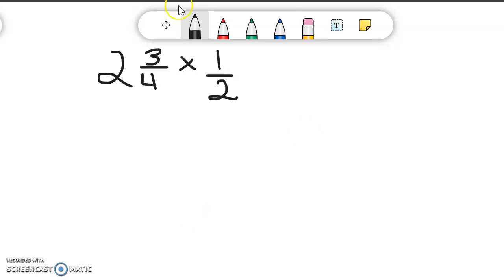Now, 2 3/4 is a mixed number. So I have to MAD the mixed number. And when I say MAD, I have to multiply the denominator and the whole number, and then add the numerator into it, and then keep the denominator to turn 2 3/4 into an improper fraction.